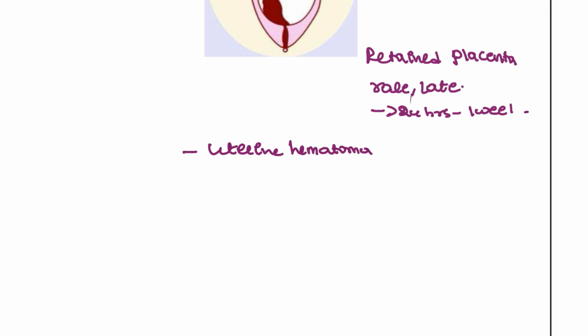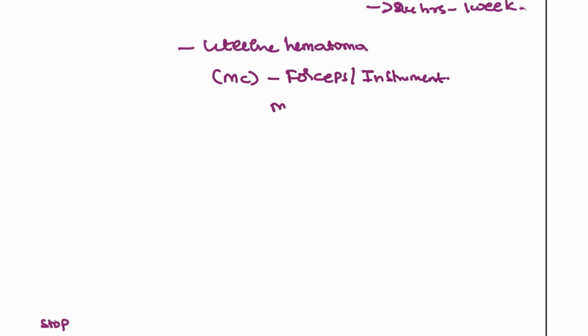Hematoma is most commonly seen with forceps injury or other instrument injury in these patients. The most common site is a vulval hematoma, a bulging mass which will be seen.